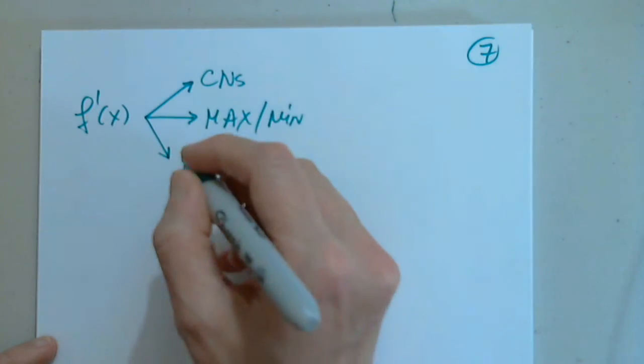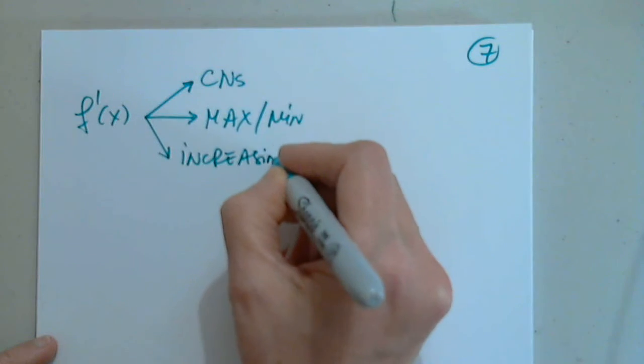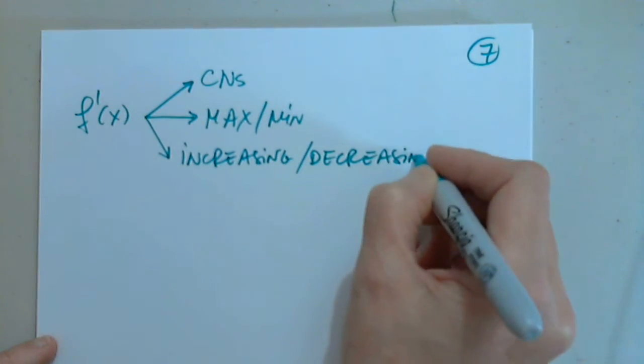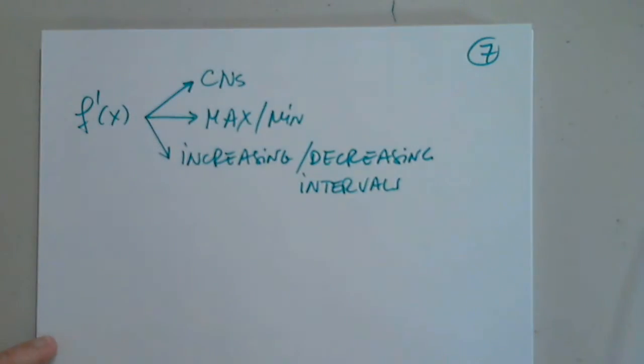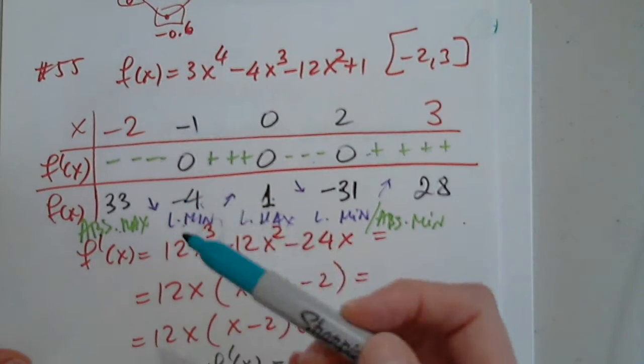Also, it gives us increasing, decreasing intervals. Extremely important. Okay? So this is basically the first derivative test.